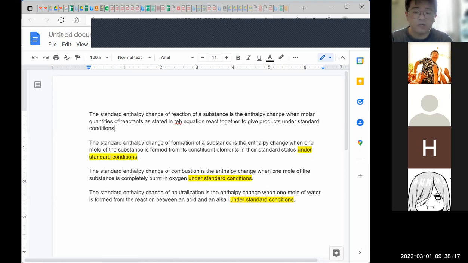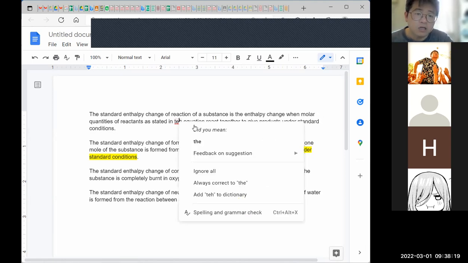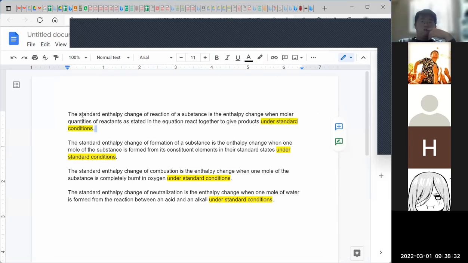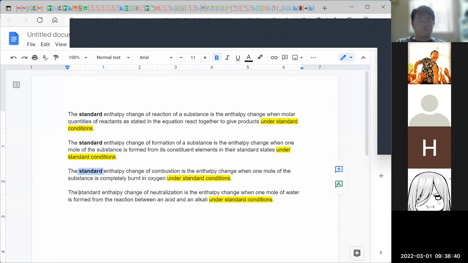So somebody would have spotted that whatever definition you take, you may see the term under standard conditions. Now, this is something very general. You may see the word standard, standard, standard, okay? And all follow the term standard.